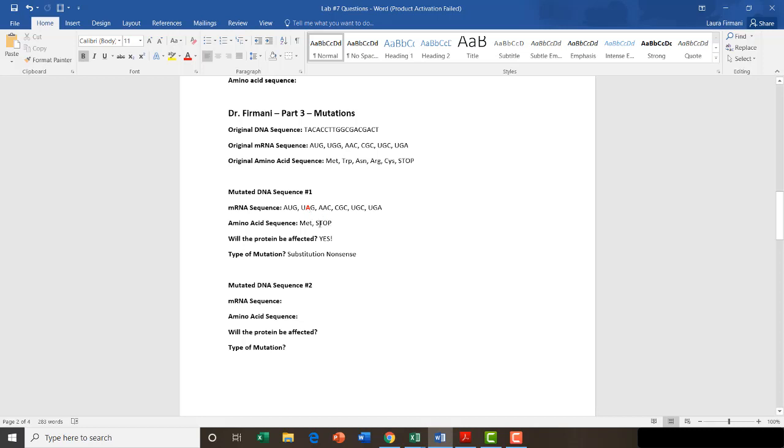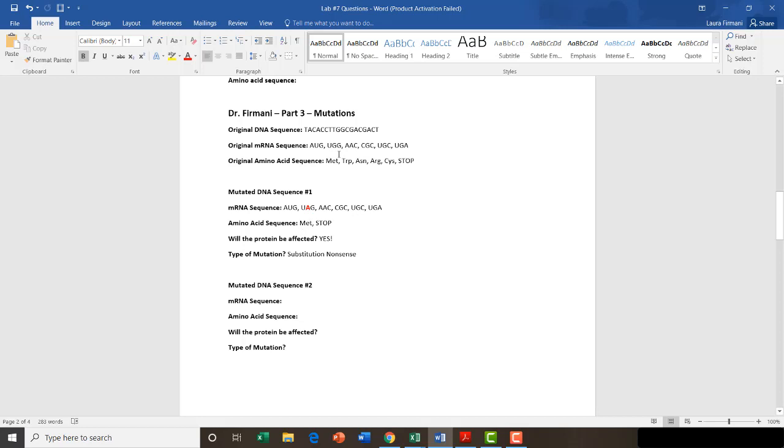Once you reach a stop codon, translation stops. So I would not write anything else for the remaining codons. That is it. This is my protein. It just has one amino acid, MET. Now I'm going to compare my amino acid sequence with my original. My original had 5 different amino acids.